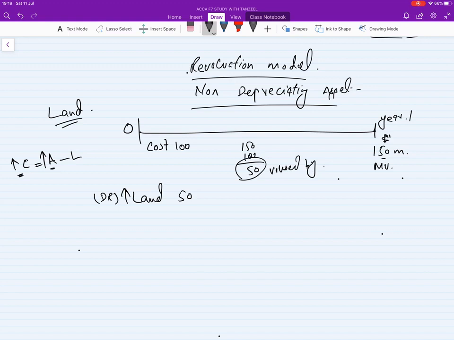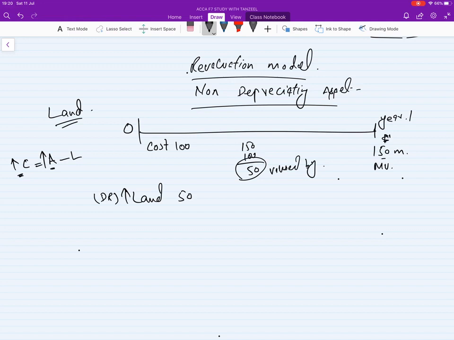It's just a revaluation gain, not the original gain. The original gain will come when you actually sell this property or this land. When you sell this land, then on that gain you will have your profit. But now you cannot consider this as your income because it's not genuine. It's just assumed.